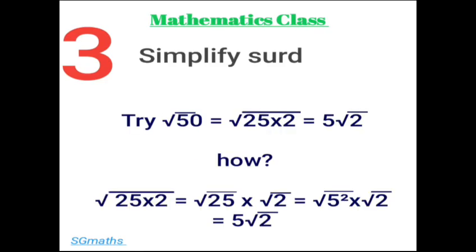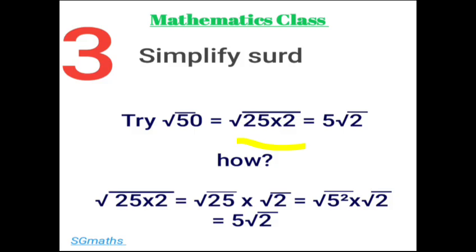Okay, for root 50, let me give you the solution. The same step, we have root 25 times root 2, and root 25 times root 2 gives us 5 root 2. Then we say how.